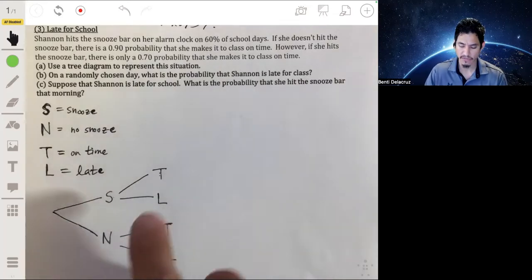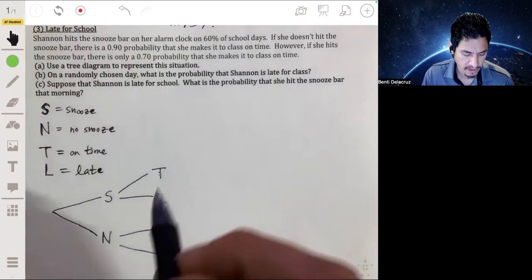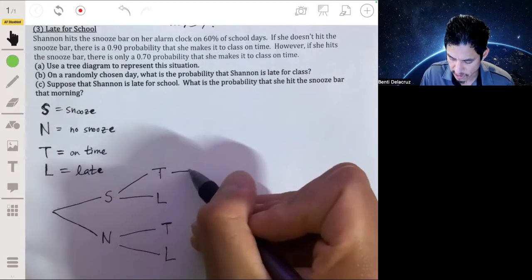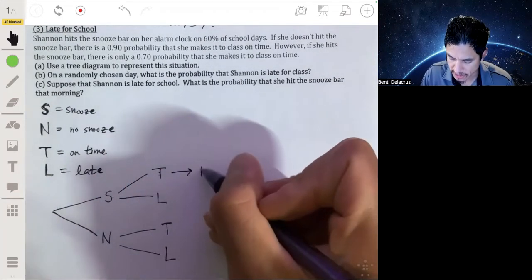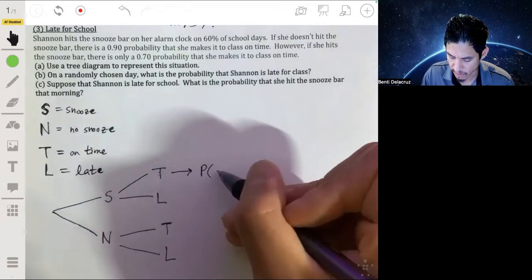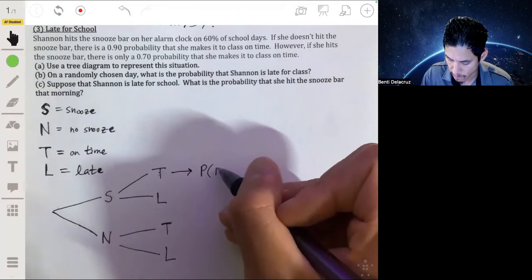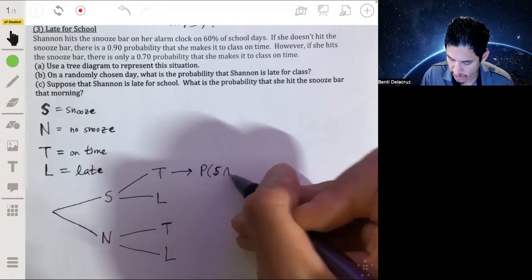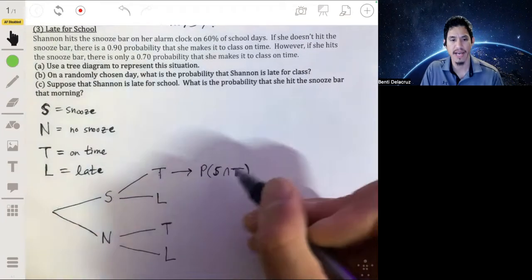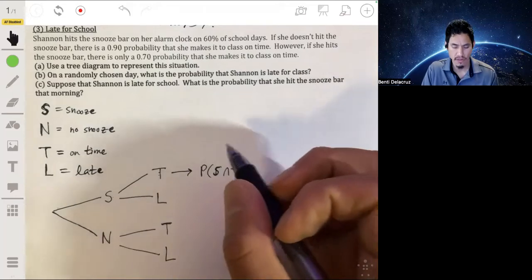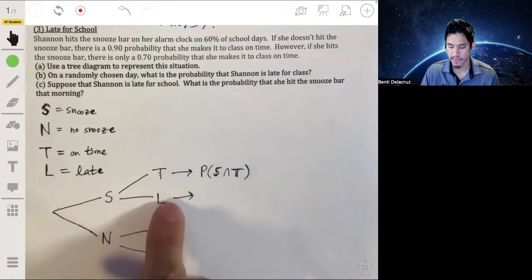So we have essentially four possibilities. If she takes this path, you end up with the probability that she hits the snooze bar and is on time, probability S and T. Here it's the probability of hitting the snooze bar and being late.